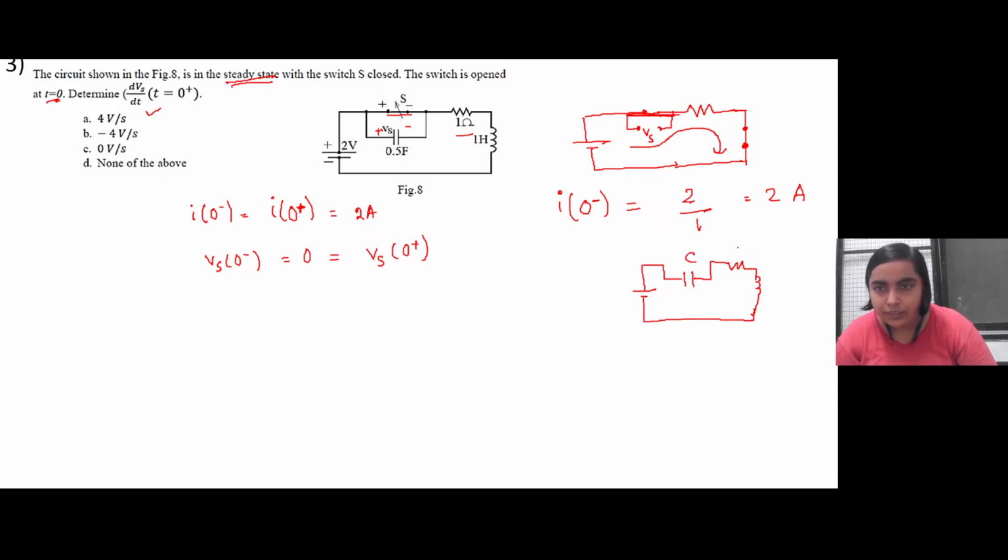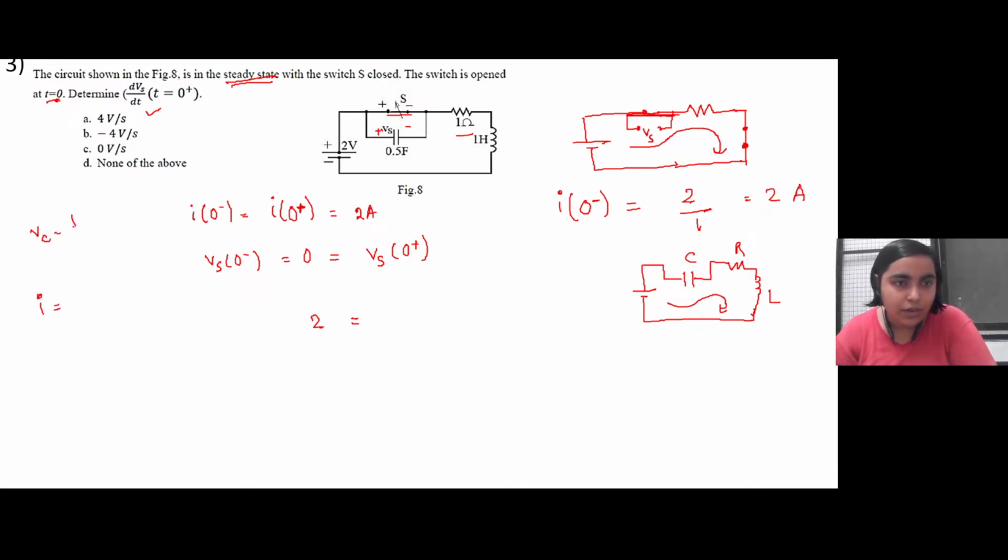So now if you apply KVL across this particular loop, since the source is 2 volt, what you can also do is consider the current flowing through the capacitor.